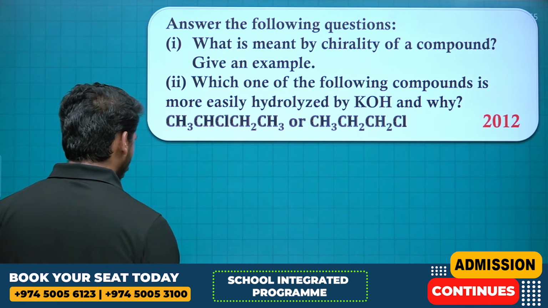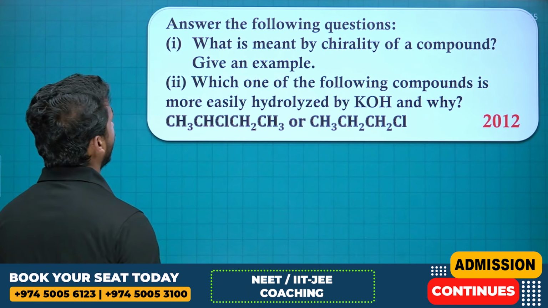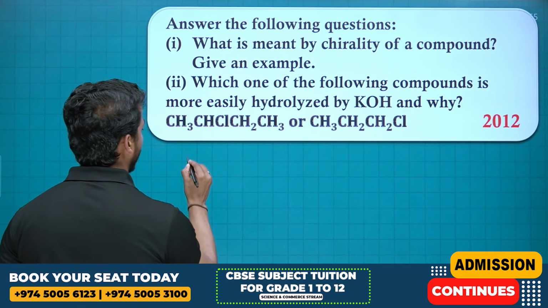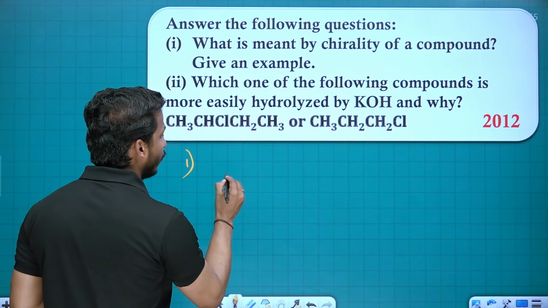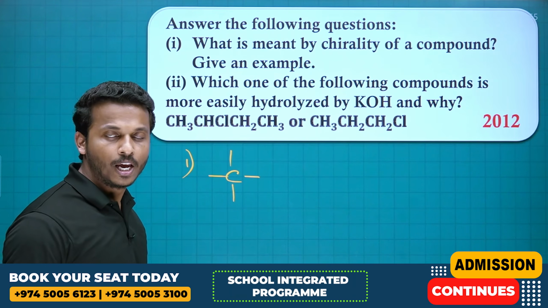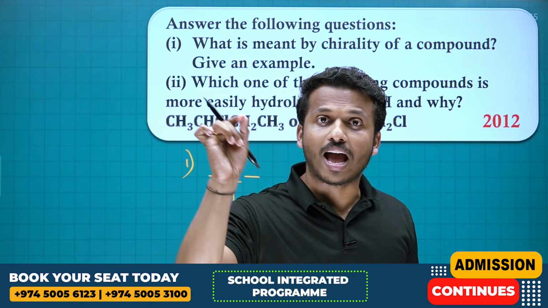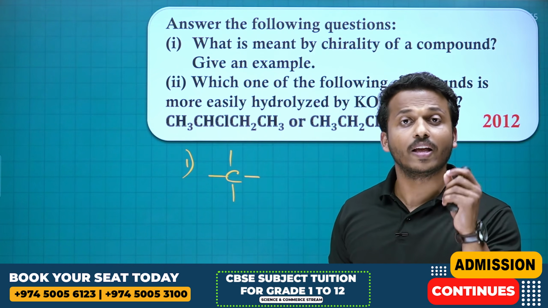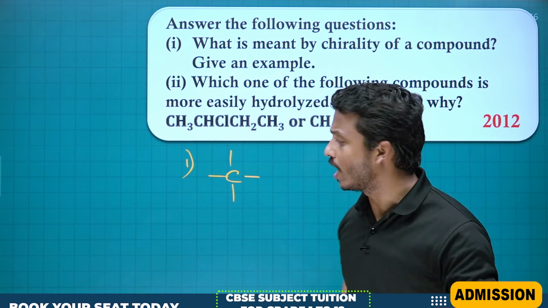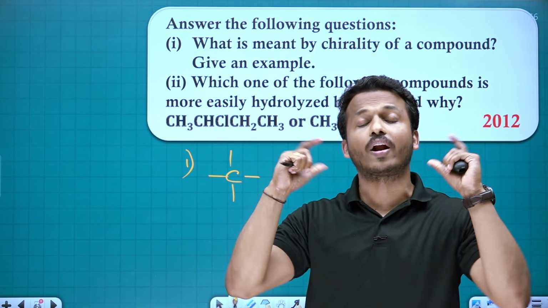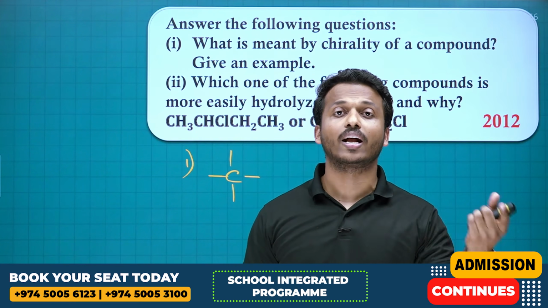Then answer the following question, my dear. Here is a 2012 question. What is meant by chirality of a compound? Give an example. If all four valencies of a carbon are satisfied by four different groups or atoms, then it is called a chiral carbon.